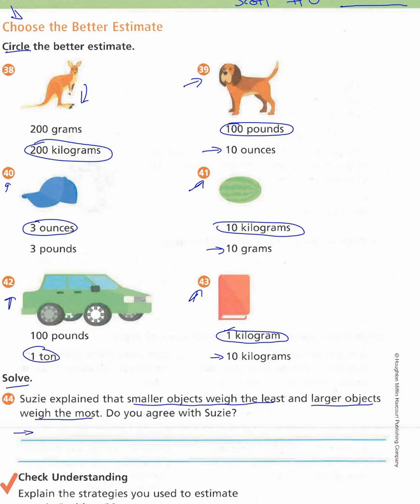Okay, so let's write your answer there. What do you think? Do you agree with Susie or not? So you could say, do you agree, yes or no? I would say put a yes or no there, period, and then write your explanation of why you agree or disagree. And we're not going to do the check for understanding. So as soon as you're done with number 44, that's the end of lesson 3. Good job.